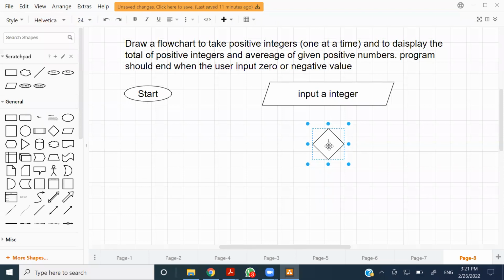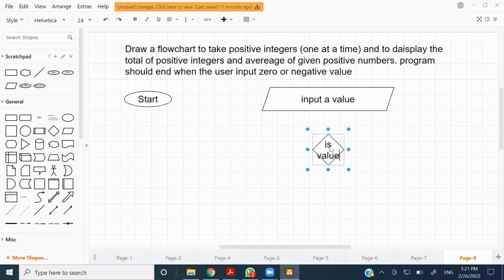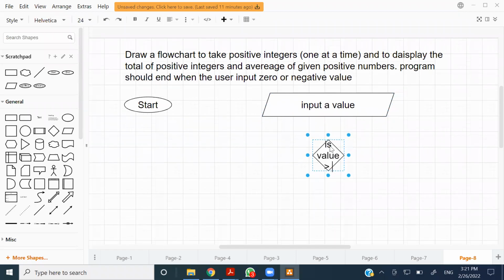So then I can ask the question. It's better I take it as value, it will be much more generalized, right? So I'm taking value. This time I'm asking larger than 0.